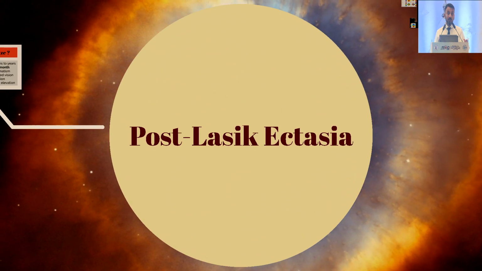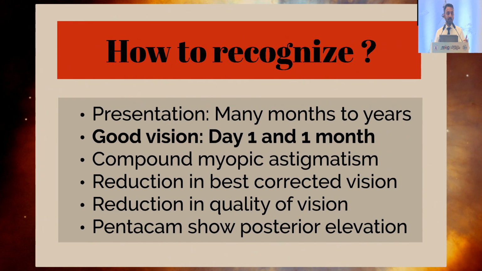The last but not least, something which we all dread, which is post-LASIK ectasia, usually presents many years or many months later, typically with asymmetric presentation, more in one eye than the other eye. It's important to document your day 1 vision, 1 month topography, and later topography, to claim that you did not have these things pre-existing.